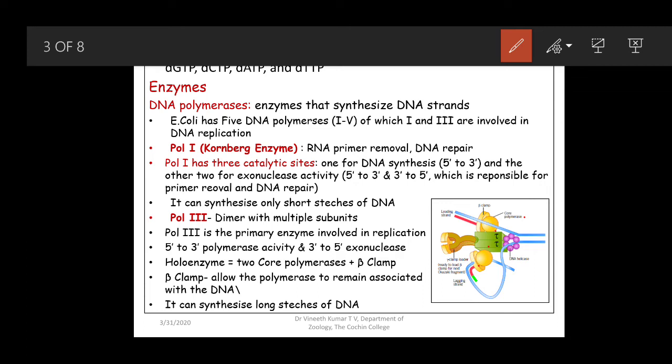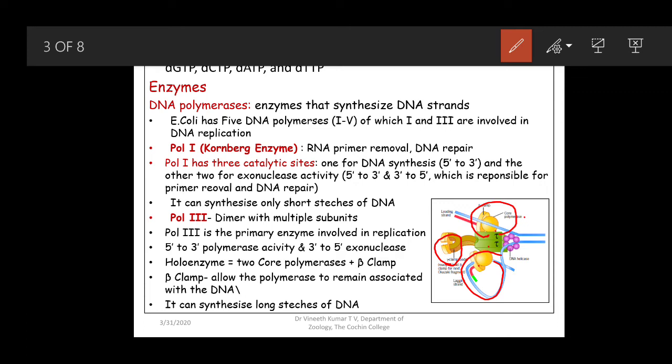Coming to the components of this enzyme: as we said, it is a dimer, and the holoenzyme consists of 2 core polymerases and something called a beta clamp. These 3 together form what is called a holoenzyme.